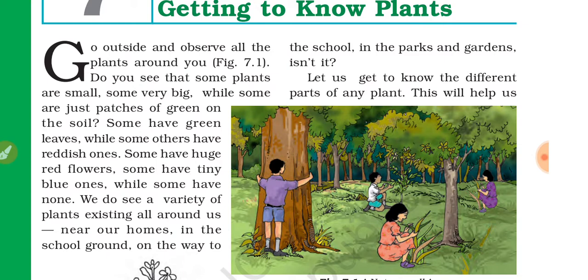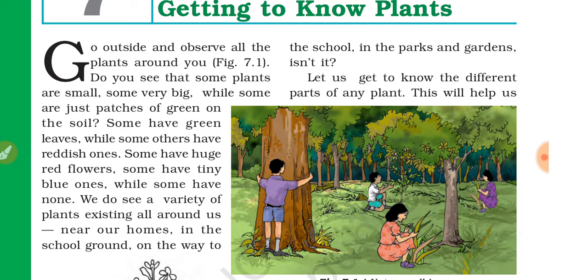Sometimes they are found in patches, and some have green leaves, while others have reddish ones, and flowers of a variety of colors from red to blue. So you can see many varieties of plants existing all around us.